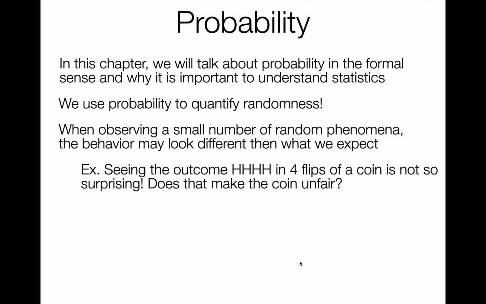That's the important question that we'll use a lot in this course: given that the coin is fair, how likely is it that I see 4 heads in 4 flips? And it turns out that it's kind of unlikely, but in fact it's not so unlikely. And so I ask the question here, does that make the coin unfair? Or does that make you start to doubt if the coin is fair or not? And the answer probably is no, it shouldn't yet.